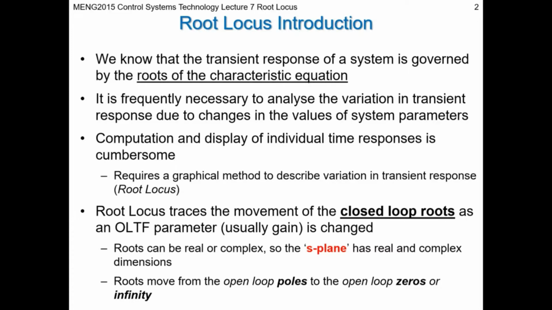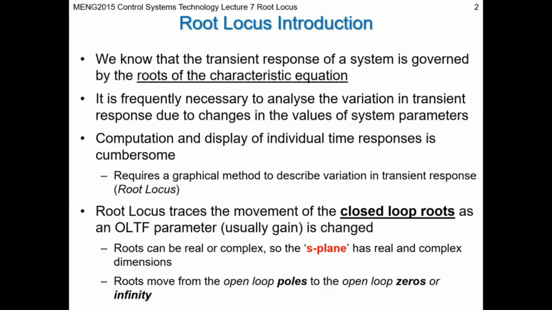And the loci, or the closed loop roots, move from the open loop poles either to an open loop 0, which is the end point of that locus. It's like a line that goes from a pole to a 0. Or if there are no zeros, or more poles than zeros, then the locus of the closed loop roots will go to infinity.